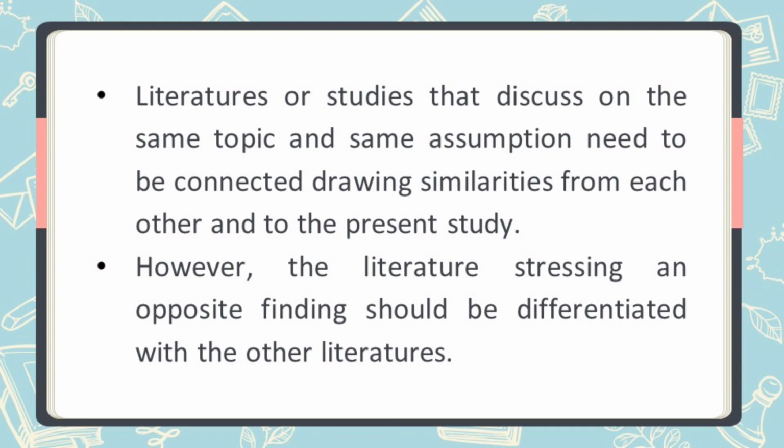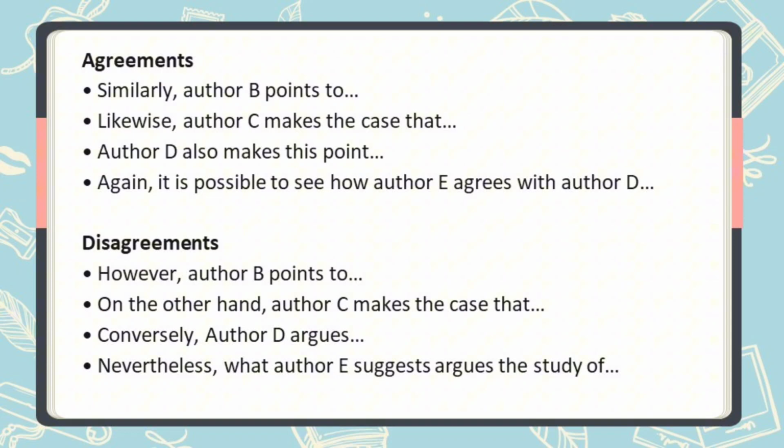Isulat ang inyong related literatures at studies sa bawat categories according sa sequence na binuo mo. At i-ensure na magkakasama ang may similar findings or points at gayon din ang mga may opposite findings. To connect your citations for literatures and studies, here are some of the prompts.